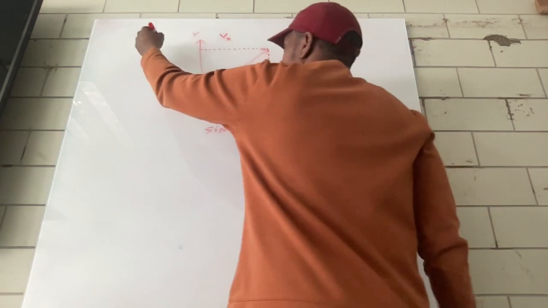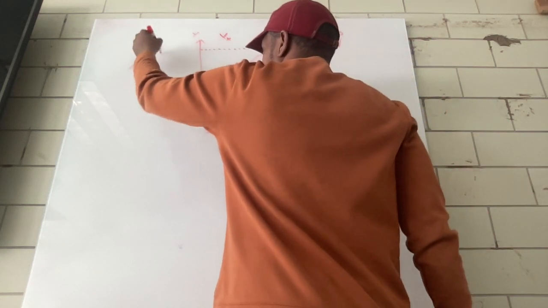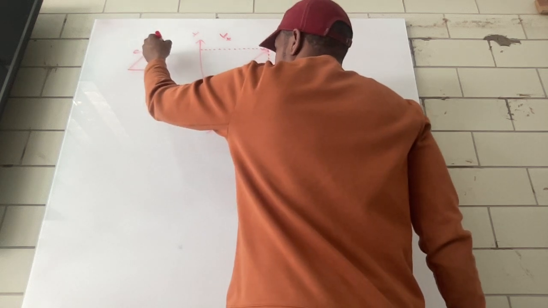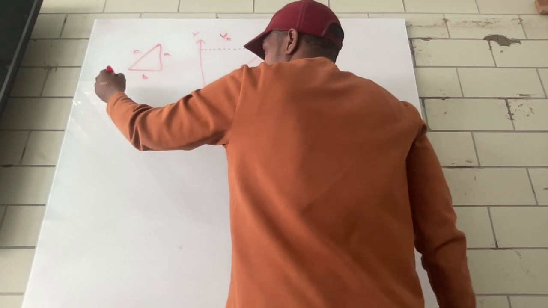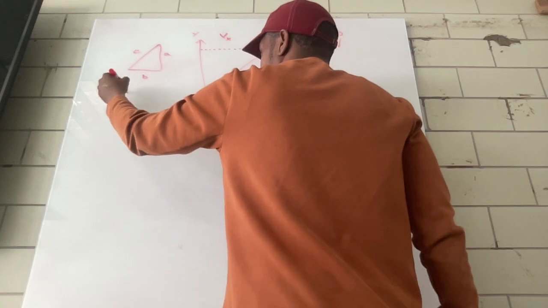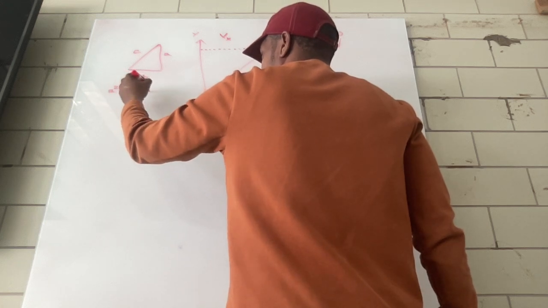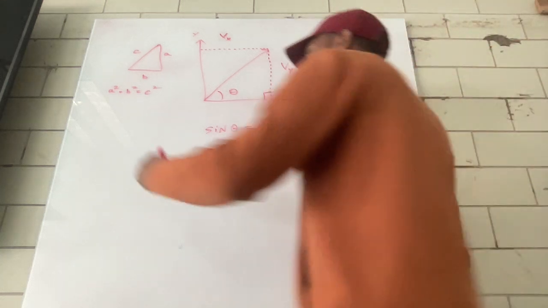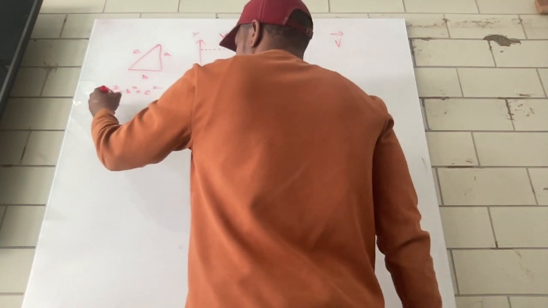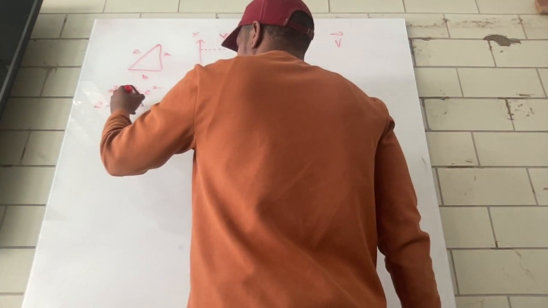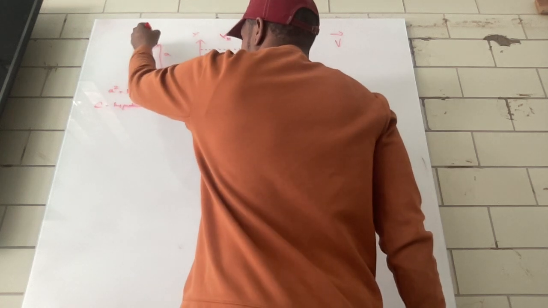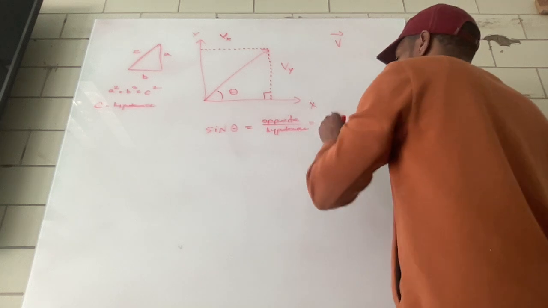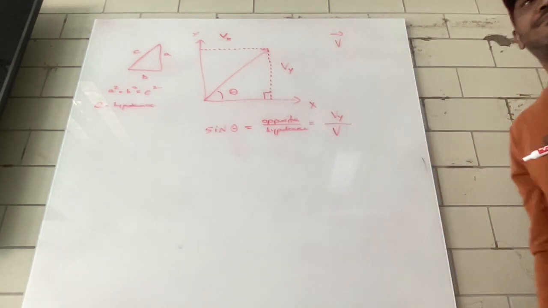When we have a triangle, we remember this from advanced math: A squared plus B squared equals C squared, and C is the hypotenuse. This is the longest side of the triangle. So here, the longest side of the triangle is V, the actual vector.